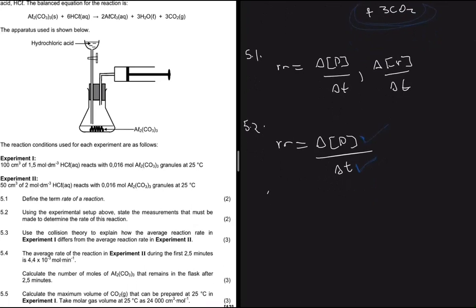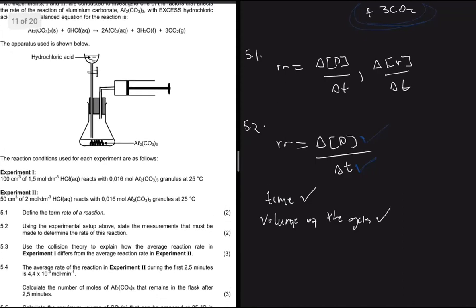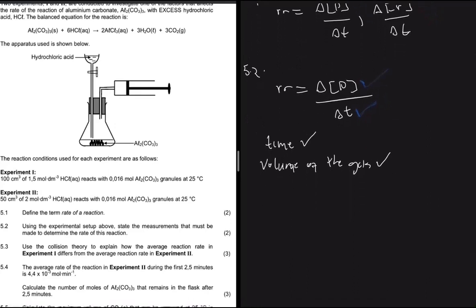So the answer will be, we need the time, which we're going to measure manually, and then we need the volume of the gas, which we're going to determine from the syringe. Syringes usually already have markings on them that show the volume. So you just measure the time, and then the syringe will give you the volume of the gas, and then from there you can calculate the reaction rate. Let's move forward.